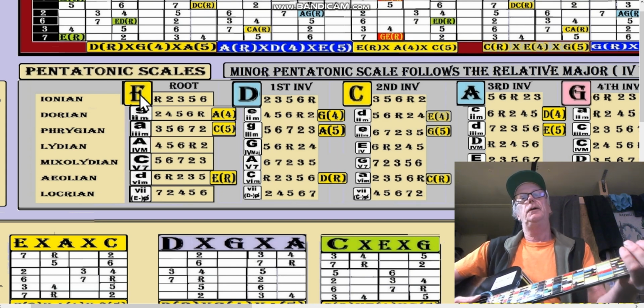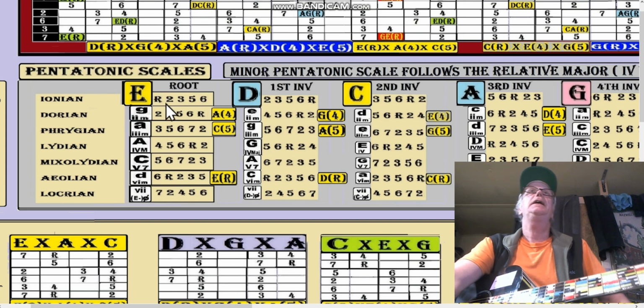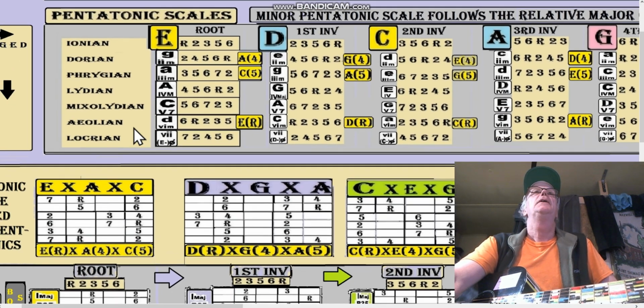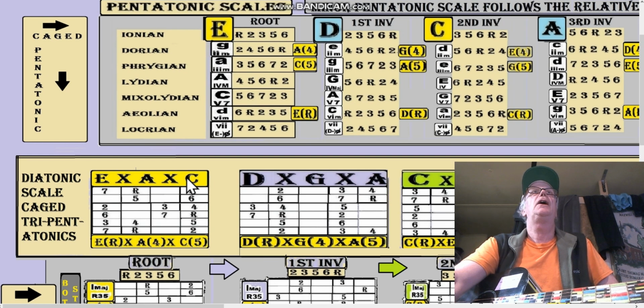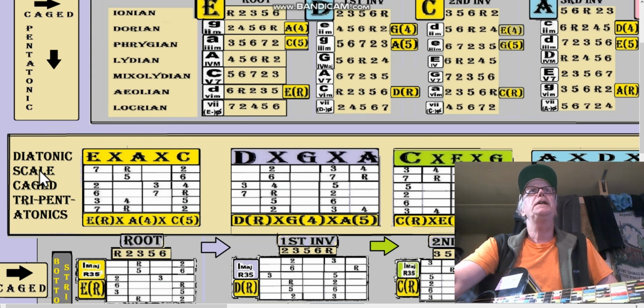The reason is that the E is the shape that has the root in the cage. So the E box, or the E, A, C pentatonic cages. These are the father cages.